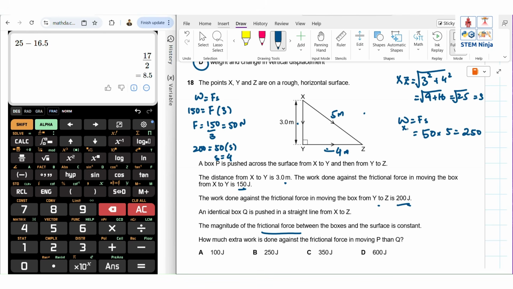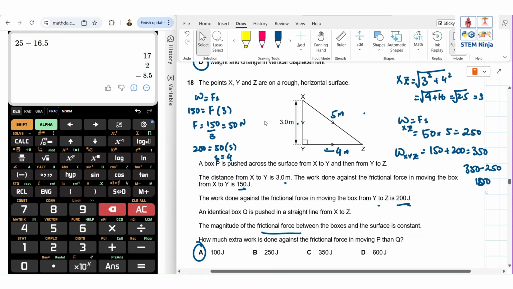This is from X to Z. But the total work done from X to Y to Z is 150 plus 200, that is 350. So how much extra work would it be? That would be just 350 minus 250, that would be just 100. So 18 would be A.